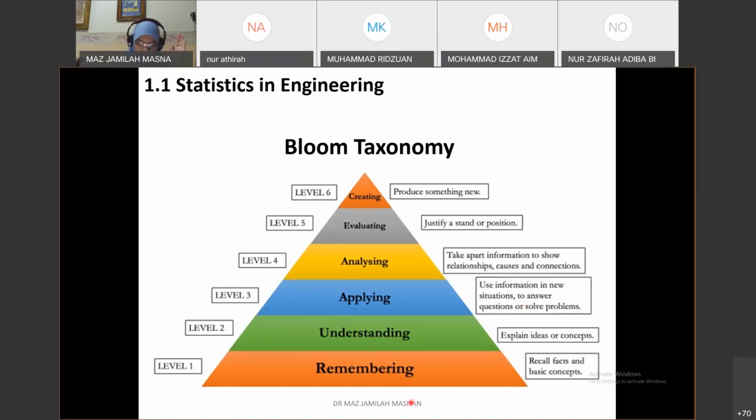Now, what is Bloom's taxonomy? The lowest level is to remember, followed by to understand, to apply, to analyze, to evaluate, and the highest level is to create. As for your EQT271, if I'm not mistaken, there are some cases where you have to create. If you go back to your course outcomes, you can double check.